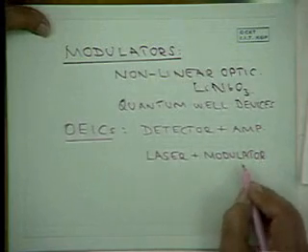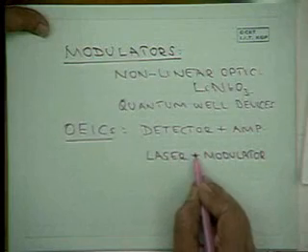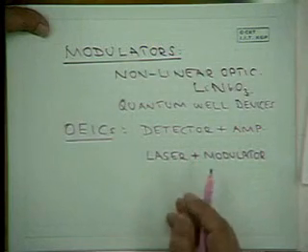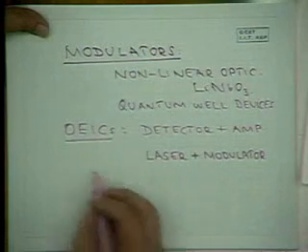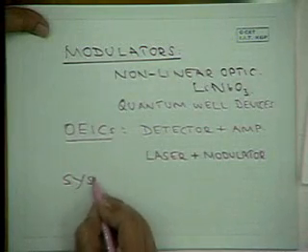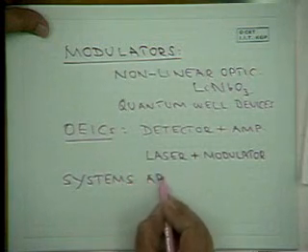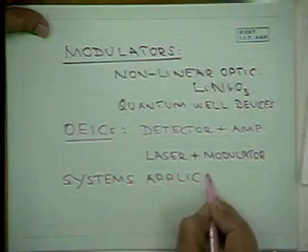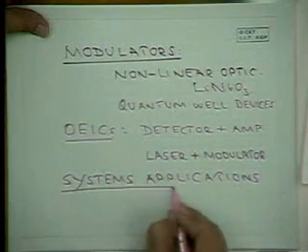This not only gives enhanced performance, it can be easily combined and used in systems, and so we will talk about some systems applications of these optoelectronic materials and devices.